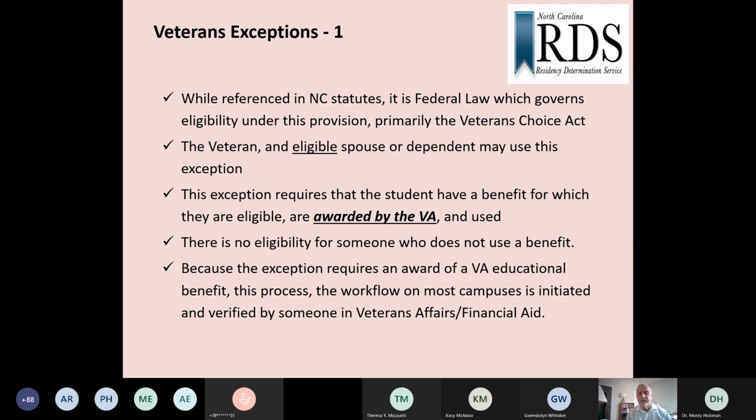If they didn't get awarded, they didn't have a benefit assigned to them, or they've used up their benefits, that's it. And those are the conditions laid out in federal law. Again, this is something the federal government takes charge of in terms of eligibility. If someone does not have or does not want to use a benefit, they're not eligible for a waiver.